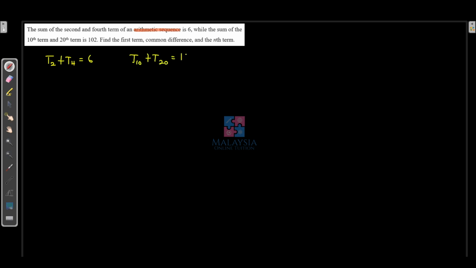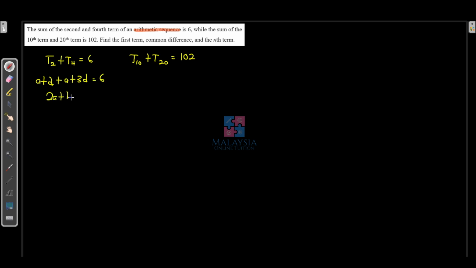So straight away, from this point onwards, you change the T2, T4, T10, and T20 into the respective formula. For example, T2 is going to be A plus (n minus 1)D, which means 2 minus 1, that is going to be 1. So A plus D. And then the same thing, plus A plus 3D equals 6. So now we have a linear equation.